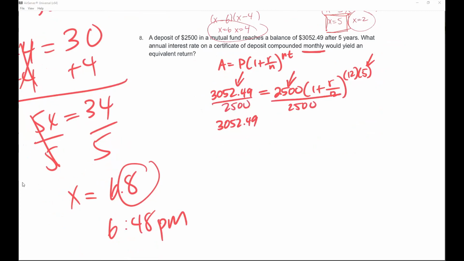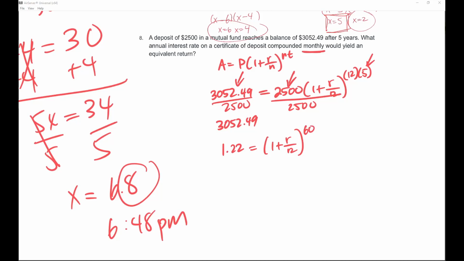Let me check that real quick. $3052.49 divided by 2500 is 1.22, which is equal to 1 plus r over 12 to the 60th power.